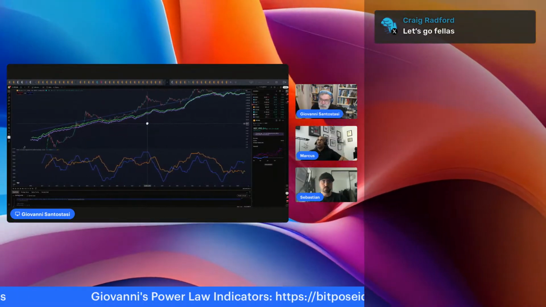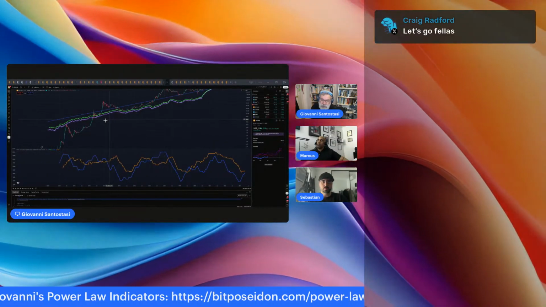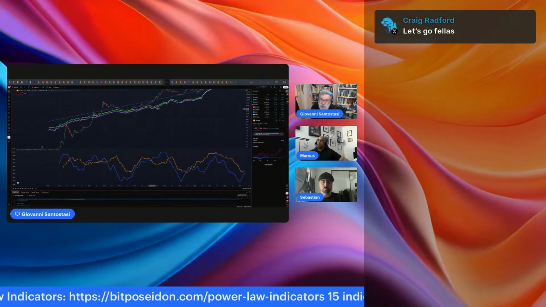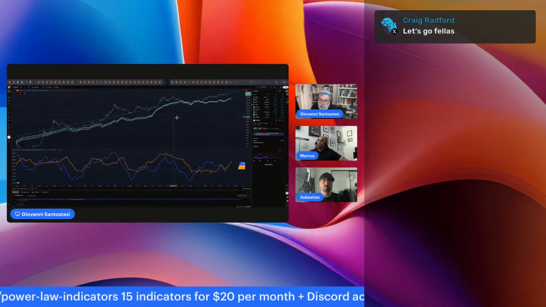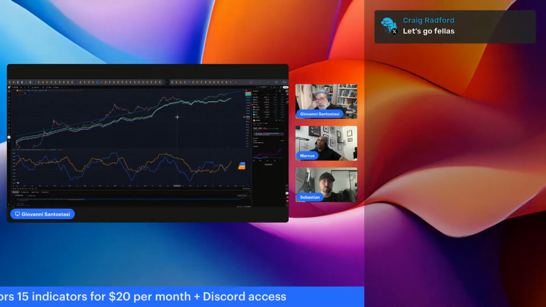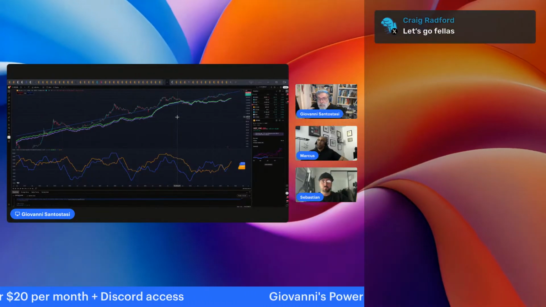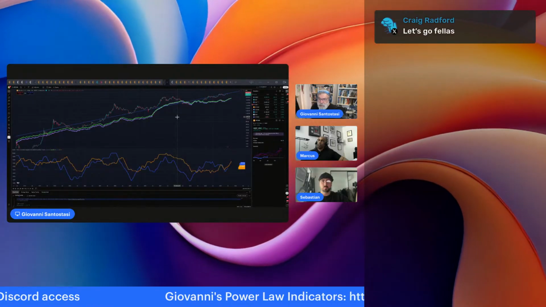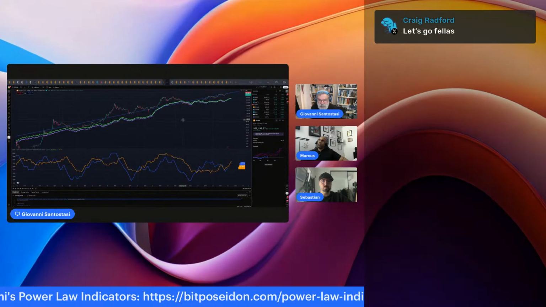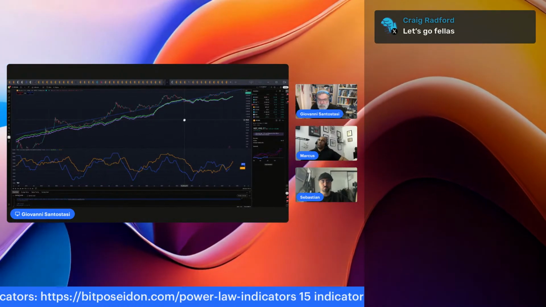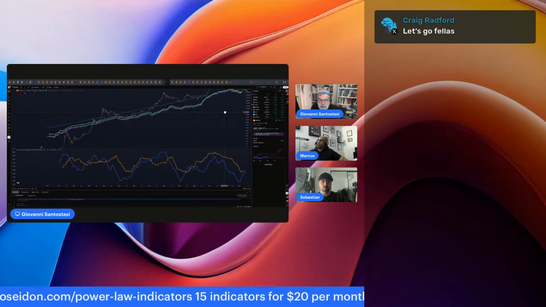But look at this model of global liquidity here. By the way, it's not even the global liquidity itself. I'm actually making a model of a price according to the relationship between global liquidity and the Bitcoin price.